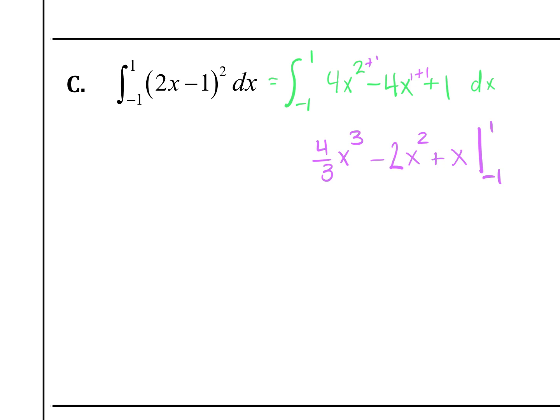Okay. So then this first one is just 4/3 minus 2 plus 1. Yes. And then this one would be negative 4/3. Is this not the same thing we were kind of doing? It is. We're just putting it all together now. Okay, I was gonna say, because I know how to do this. I'm confused. Because negative 1 cubed is negative 1, so that's why it becomes negative.